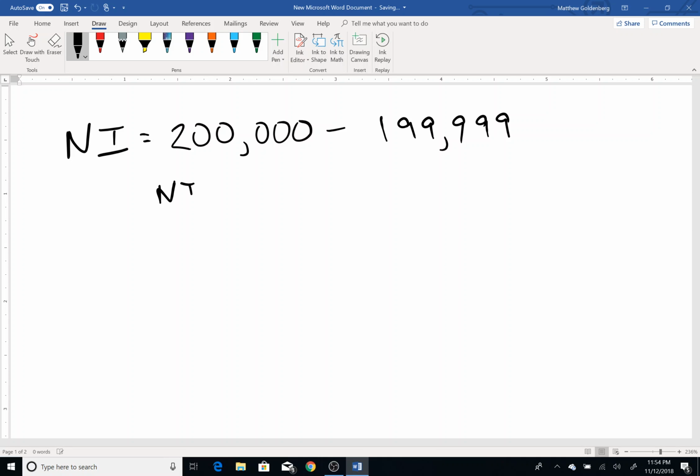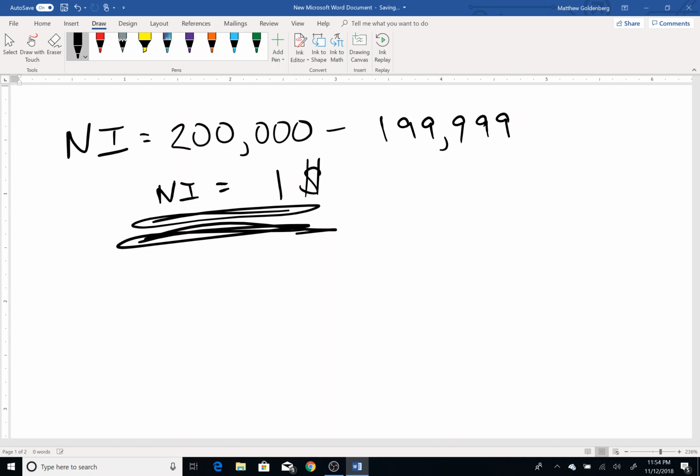Your net income is going to be $1, and you should feel very proud. But let's say you have this situation. What happens to that $1?